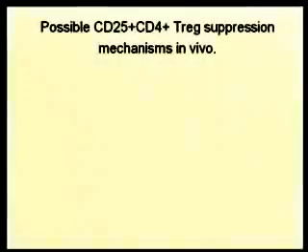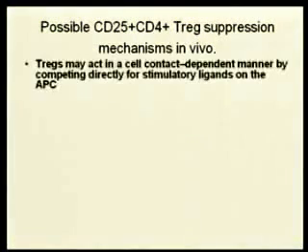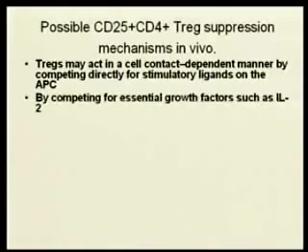The exact mechanism by which T regulatory cells are able to downregulate the immune response is not really clear. There are some possible mechanisms that have been proposed. They may act in a cell contact dependent manner by competing for stimulatory ligands. It's thought they may actually compete for essential growth factors, so they may gobble up important cytokines such as IL-2.